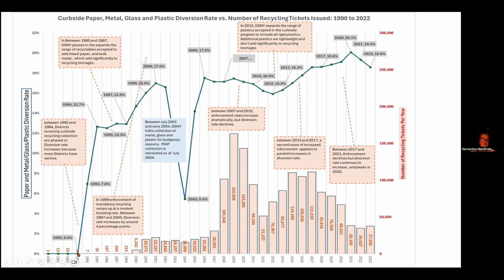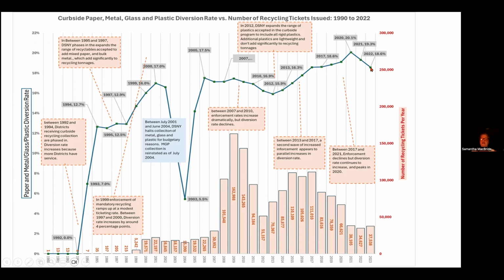This recycling program is just starting, and when it's finally implemented all over the city, boom, the recycling rate goes up, and then it sort of stays the same, and then it has another boom, and then it has a terrible fall, and it has another boom, and then a little bit of a dip and an up and a down, right?